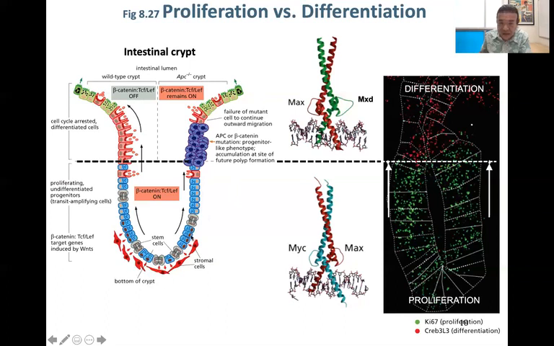So during the proliferation activity down at the bottom, you have a lot of MYC working with MAX together on the promoters of proliferation genes, right? So these are genes that are stimulating cell cycle progression and division of the cell. And that is largely a target of the beta-catenin.